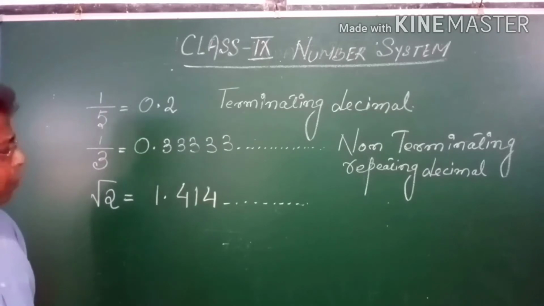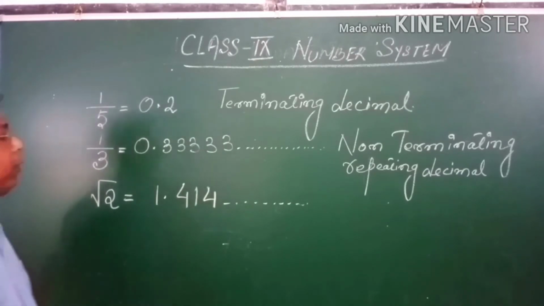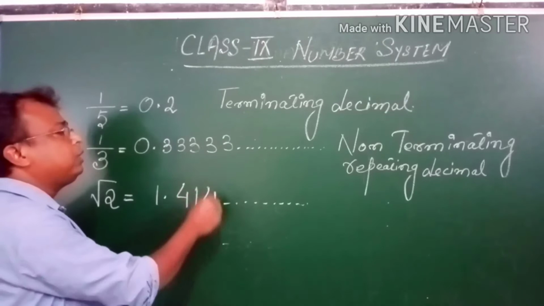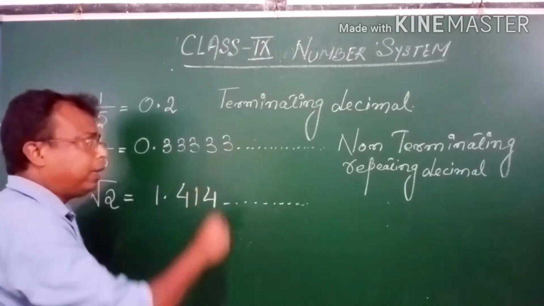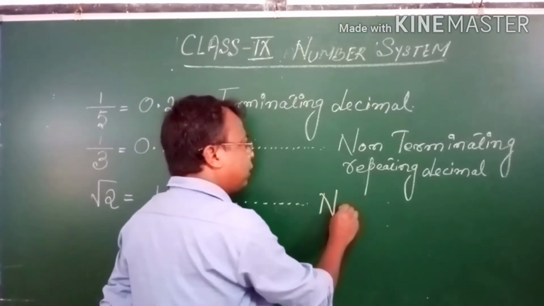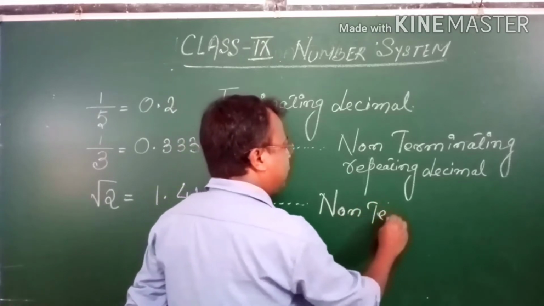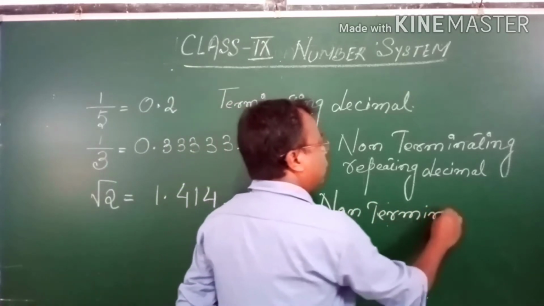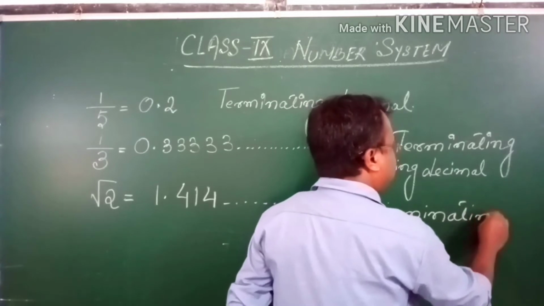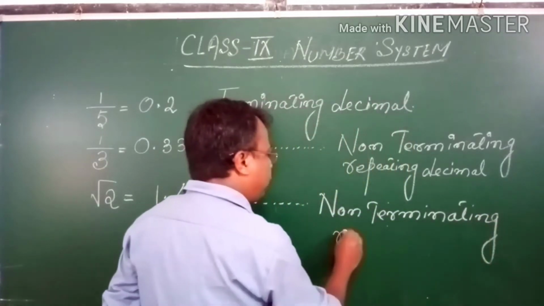Alright. Here you will see that this digit is not repeating again and again. It is non-terminating, non-repeating decimal.